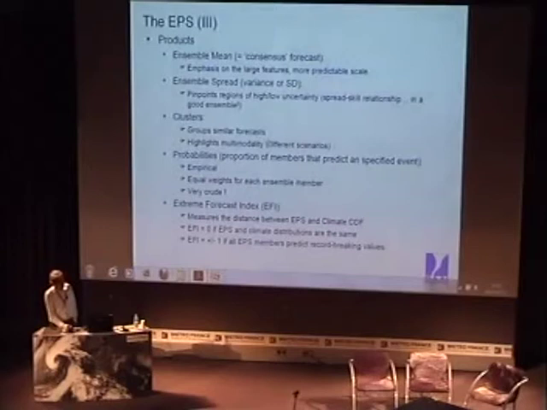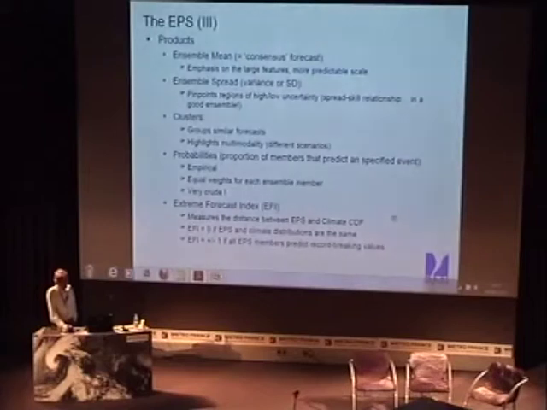Clusters group similar scenarios and highlight multimodality in the forecast. You can also make probability maps: you look at some event you are interested in and at the proportion of forecasts that produce that event. Doing this with only 51 members is a bit crude, but that's an approach.